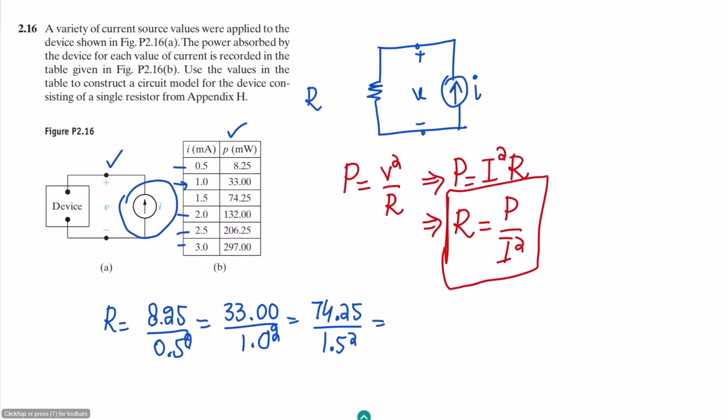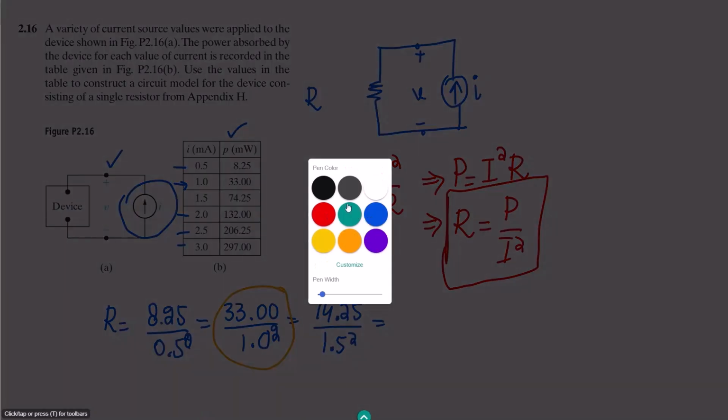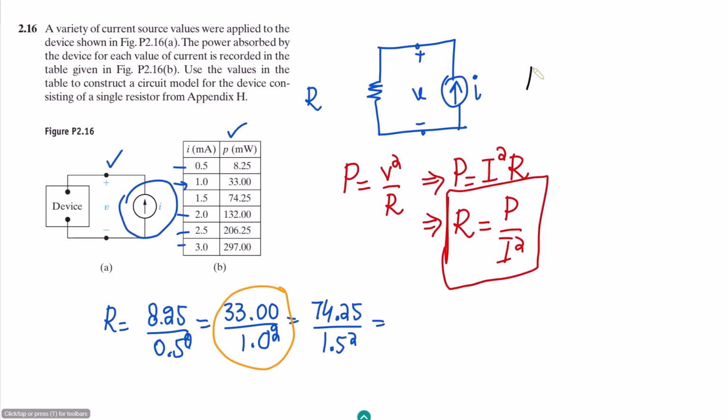Let me take this one because it seems easier, because of the denominator term, which is 1. From it we can very easily see that the value of the resistor is 33 ohm. That is the value of this resistor, which is 33 ohm.